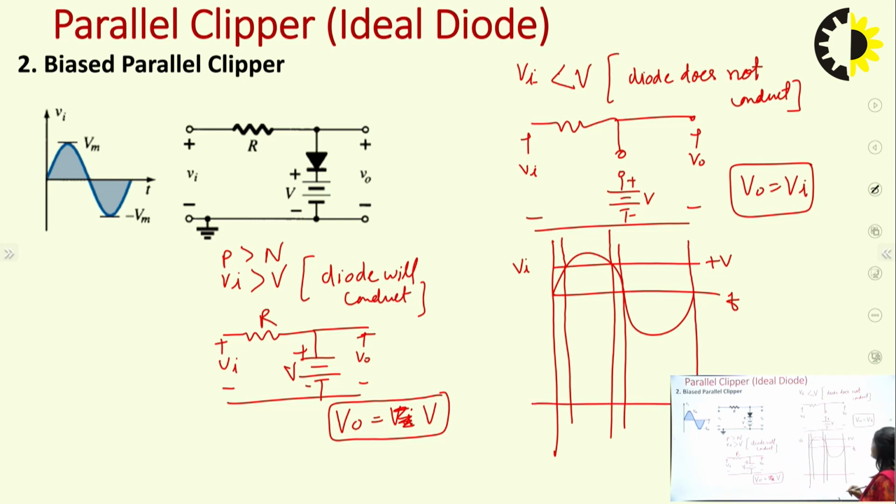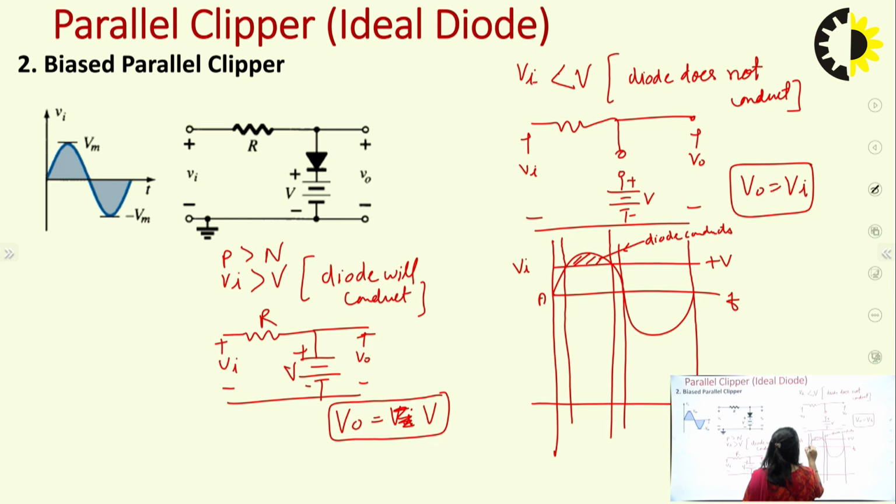Okay, so here we have to find the conducting region. So for Vi greater than V our diode is conducting. So this region Vi greater than V is this much. This part is Vi greater than V. So in this part diode conducts.